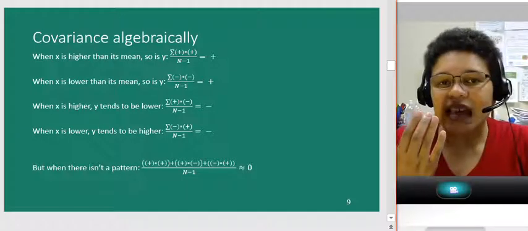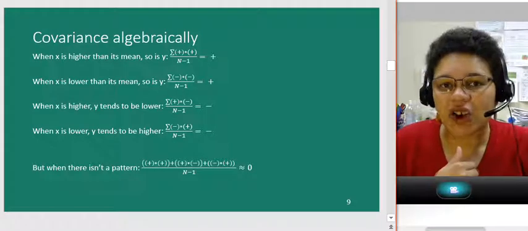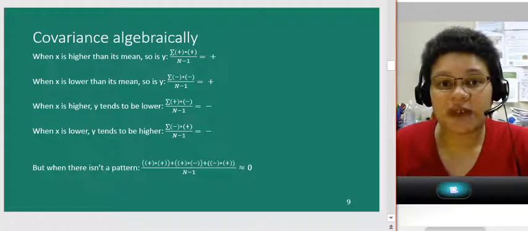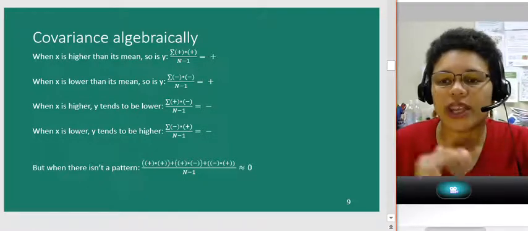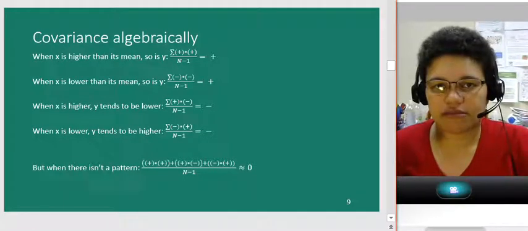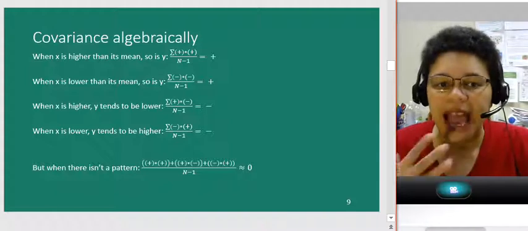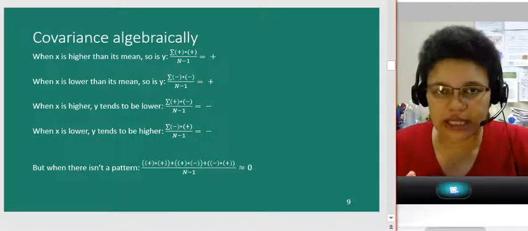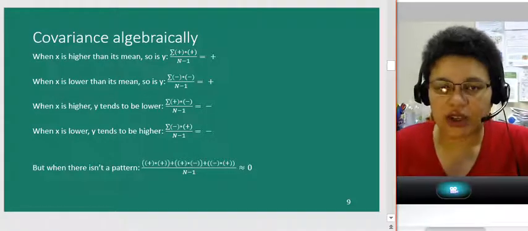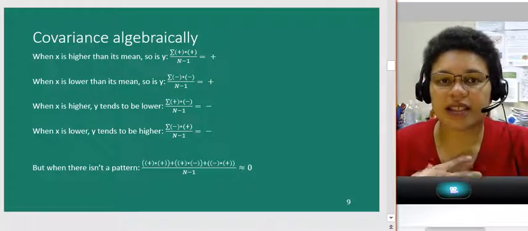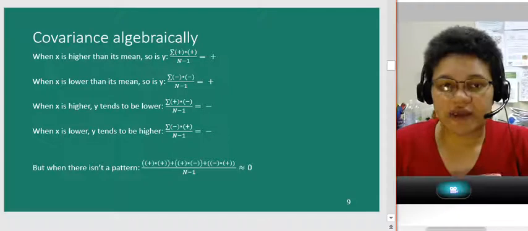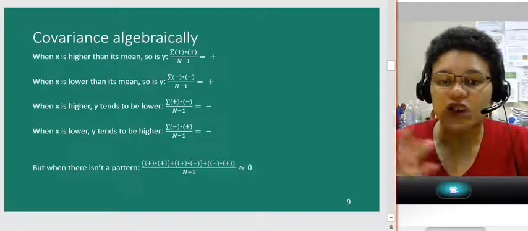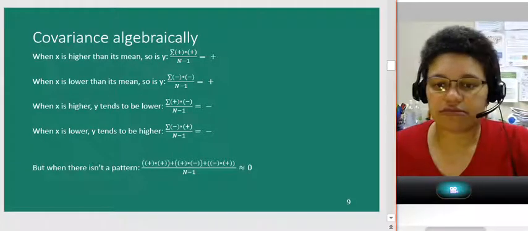When one is higher, and the other tends to be lower, then we get a negative correlation. Where we don't have a pattern, we get no correlation. Okay? So when there's a pattern that's repeated again and again, we either get a series of positive numbers or a series of negative numbers. When there's no pattern, we tend to get zero.